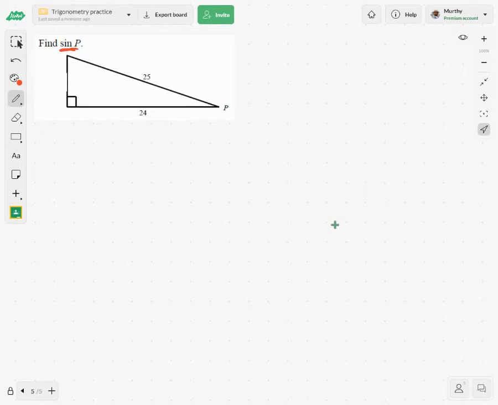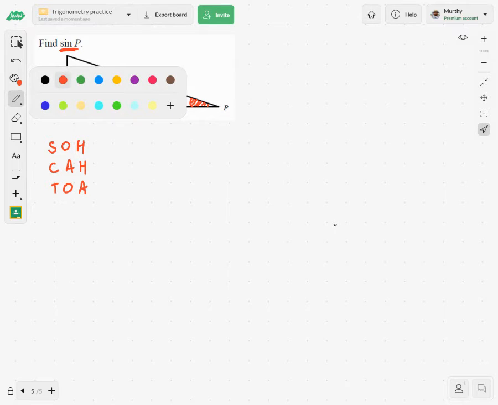Sine P means I see that P is here, and let me write once again Sohcahtoa. So I have to figure out what is sine.